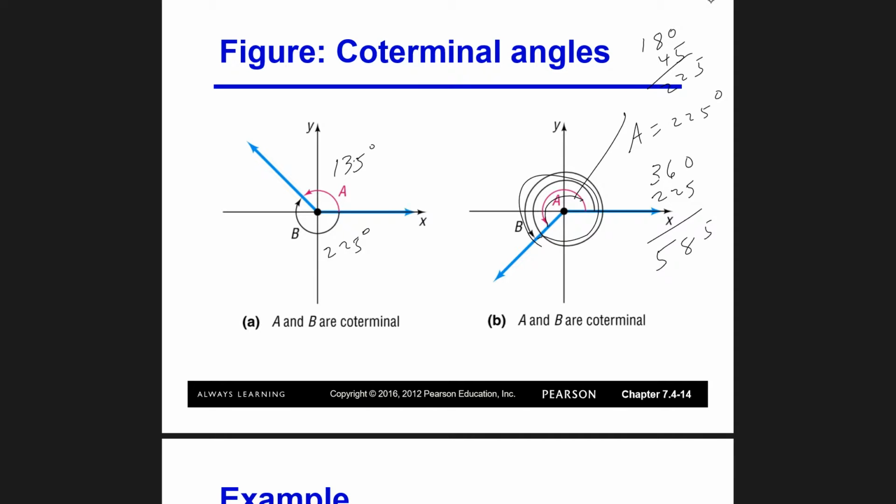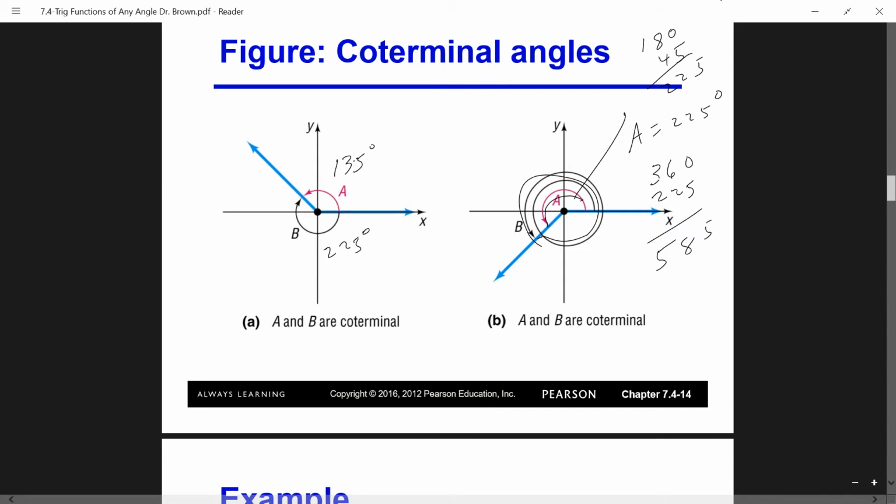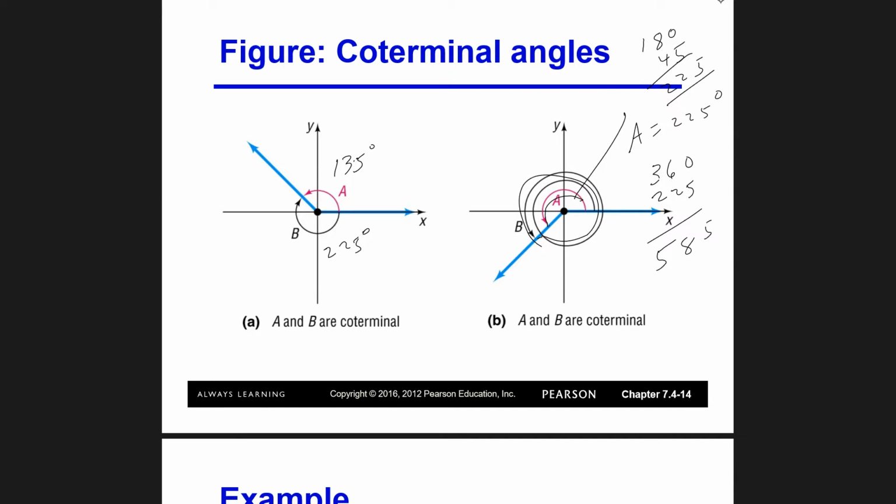Let's see. Yeah, that's correct. 180 plus 45 is 225 degrees. Then you go around another 360 and you get to 585 degrees. That's correct.